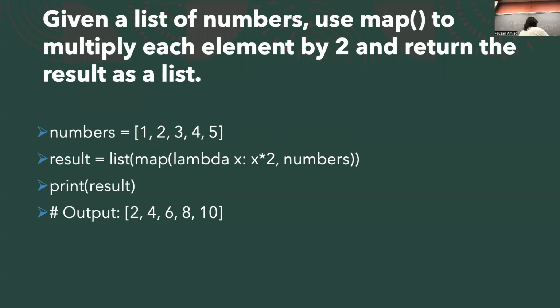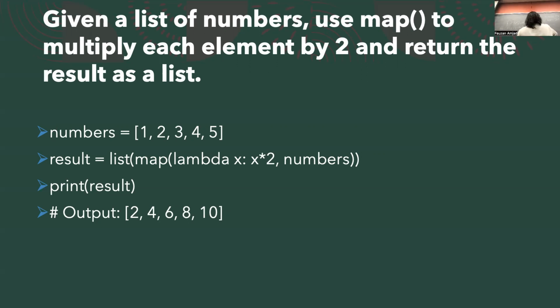Another way you could do this problem would be to define a function. Let's say we're doubling it, right? So we define double, and then it takes in some type of argument x, and then we return 2 times x. And so if we're doing it this way, we would have to do the result like this.